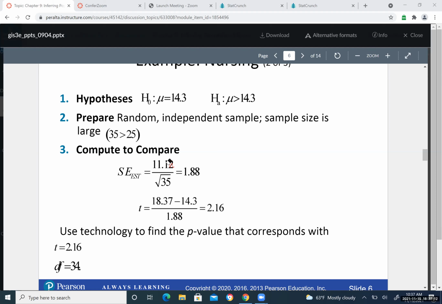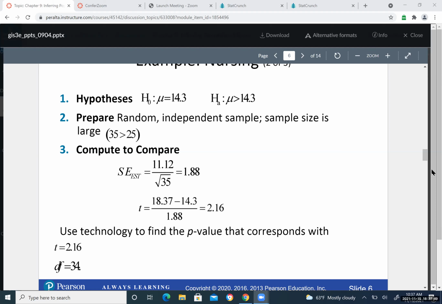To find the t test, the t statistic, you compute SE first, using the formula divided by the square root of n. So we plug it in, and you have the value 1.88. So you got 1.88. That's the standard error. To compute the t statistic, you have a formula, right?